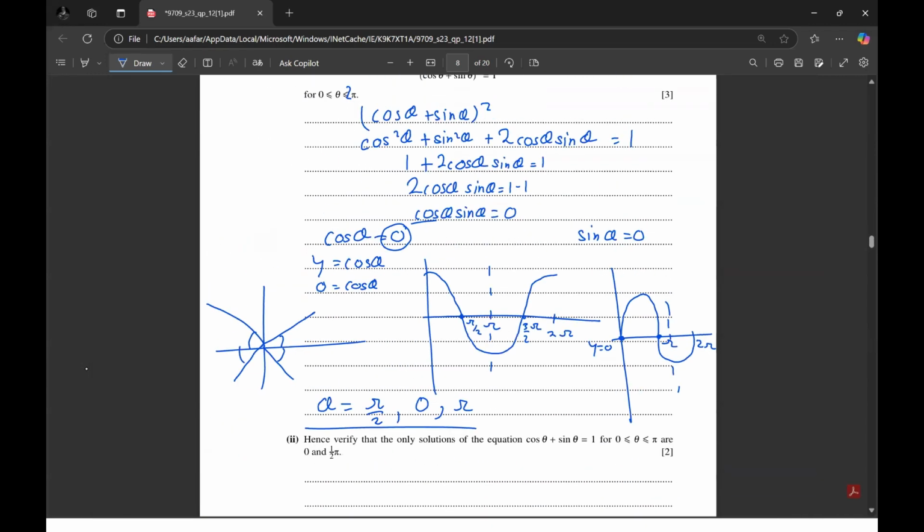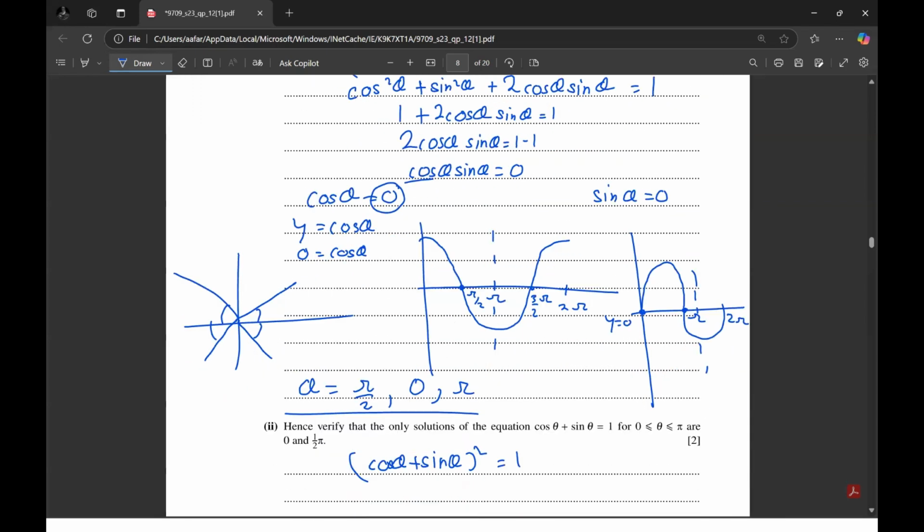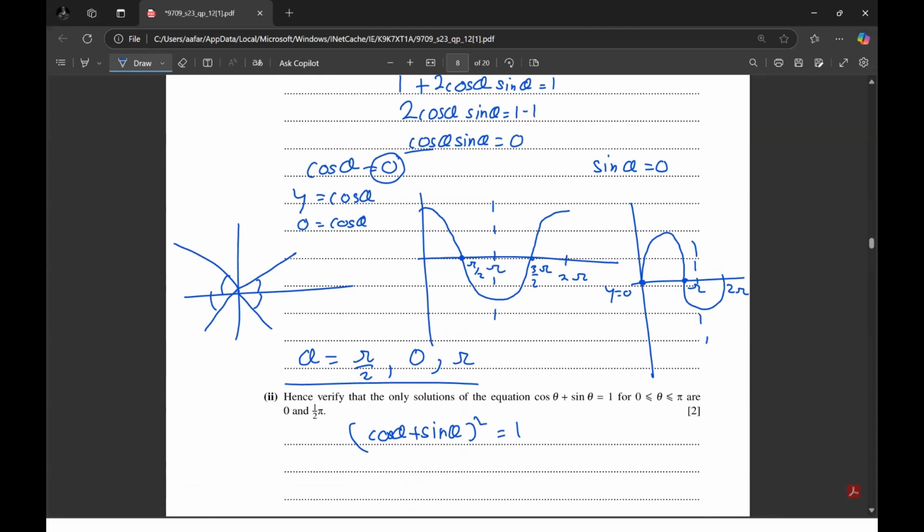So over there we got that (cos theta + sin theta) whole square equals 1. And we need to try to make this into this. So how do we do that? We see if we can take the square root on both sides.